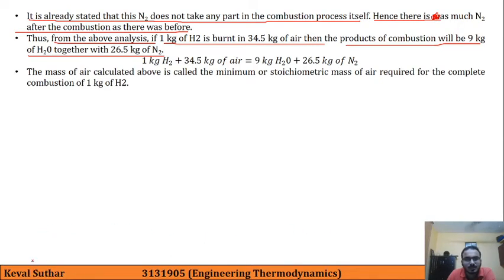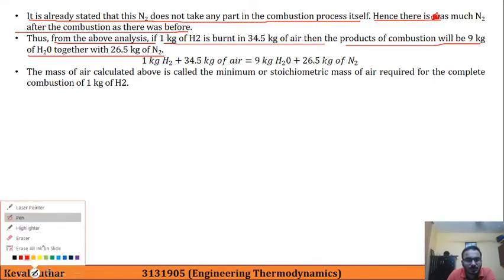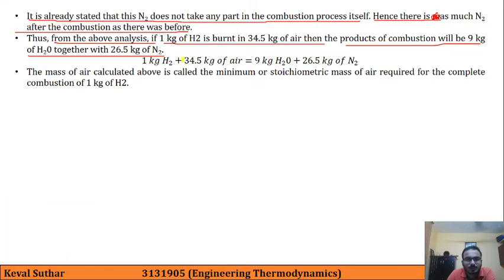And this 34.5 kg of air is called the minimum or stoichiometric mass of air required for complete combustion of 1 kg of hydrogen.